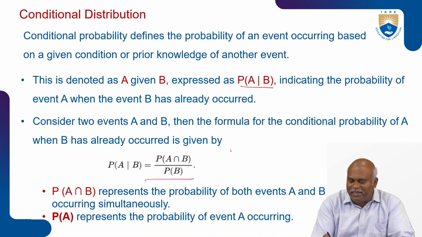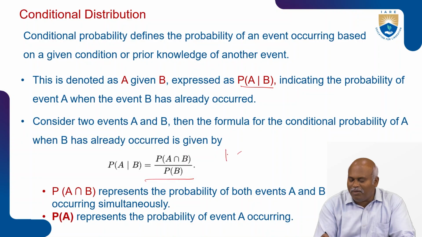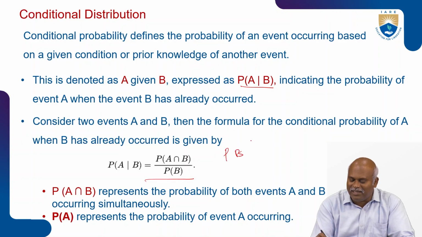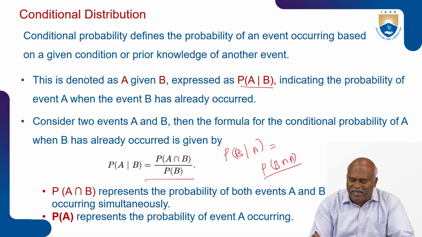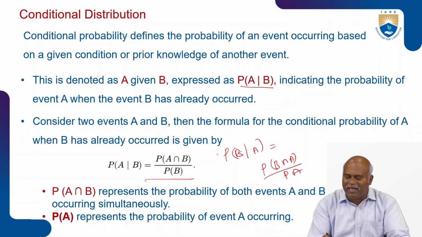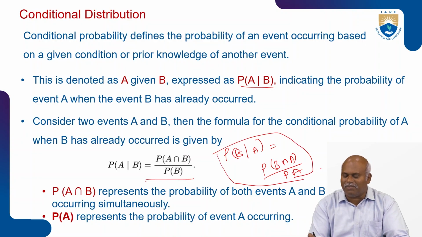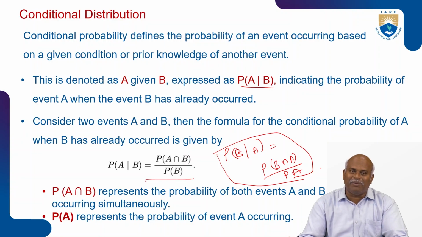Suppose B happens. B is an event and the overlap between A and B is represented as P of A intersection B, divided by P of B. We can write it any way in conditional probability; the conditional probability is flexible to any case.